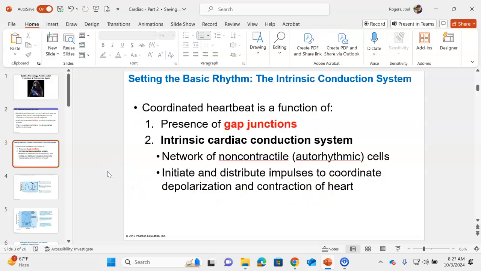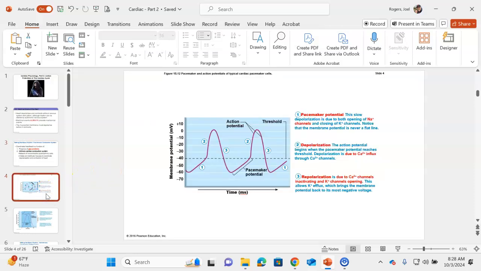Now, what are gap junctions? Gap junctions are little protein channels between cells that connect cells, and that allows sodium and calcium specifically to go from cell to cell and spread this depolarizing wave evenly through the heart, so that the heart functions in a very, very coordinated fashion, because this depolarizing wave is spreading from cell to cell very, very rapidly.